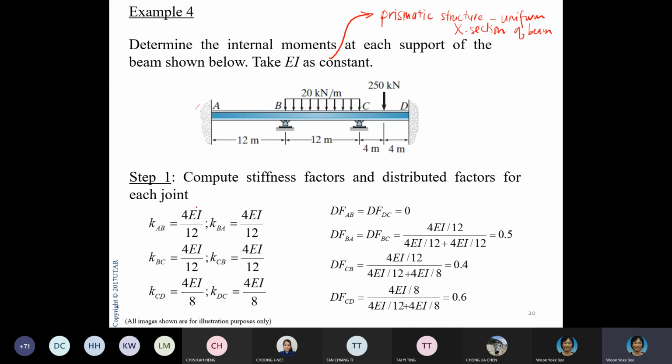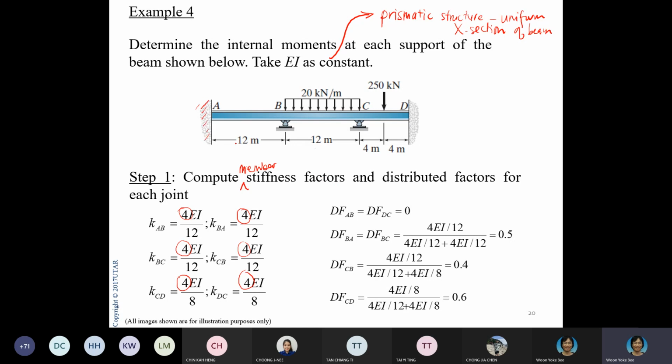So the first step, you establish our member stiffness factors and the distribution factors. Here again, you look at each and every member, AB, BC, and CD. And then you establish, is it 4EI or 3EI? In this case, all are 4EI over L. And then you look at your distribution factor as we established earlier.